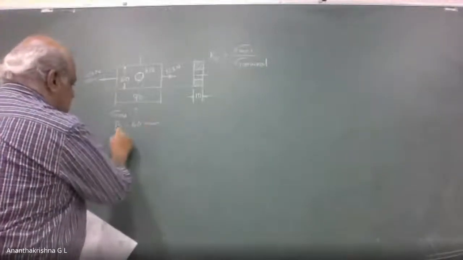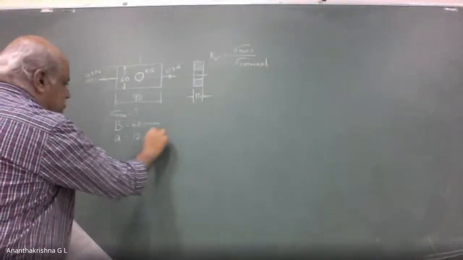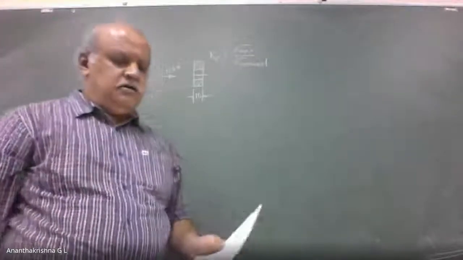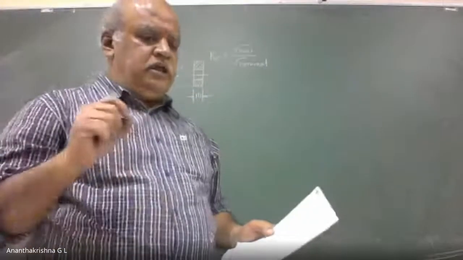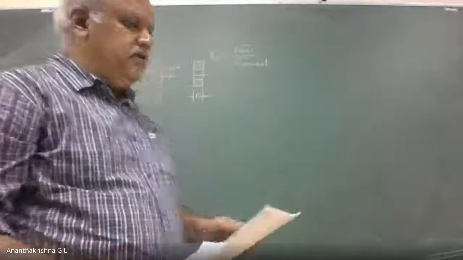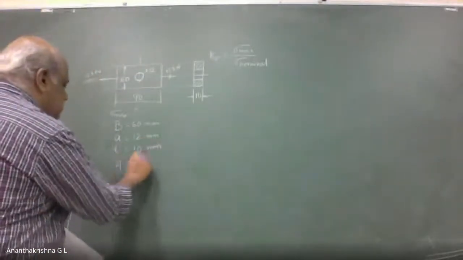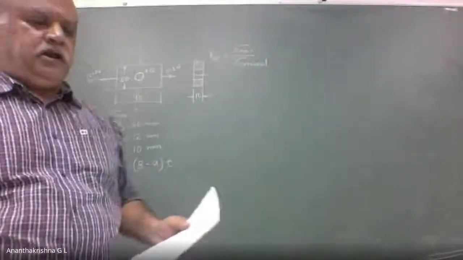What is the value of small a? 12 mm. What is the T value? 10 mm, that is thickness. So we have a case of plate with a hole in tension, and the effective area is given by (B minus a) into T.